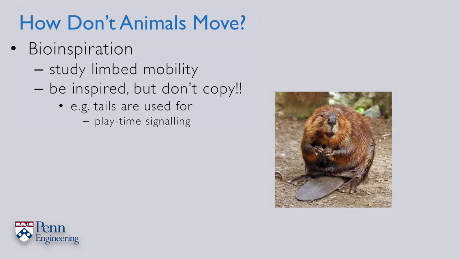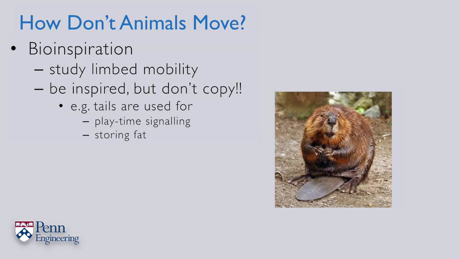How about the beaver? The beaver has a tail. The beaver uses its tail for swimming, right? And we know the beaver uses its tail for slapping and warning its fellow beavers of possible enemies. These sound like very, very useful roles for tails, but really, as it turns out, when you talk to the biologists, the beaver's tail is used for storing fat.